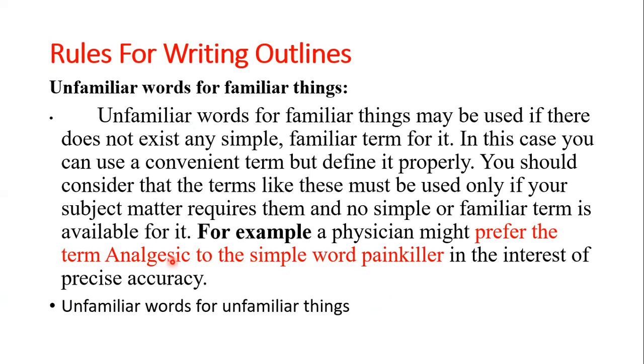Fine. And then lastly, unfamiliar words for unfamiliar things. This term is used because in the scientific world, new concepts, words and phenomena appear daily, and the scientists have to give them names. Clear?